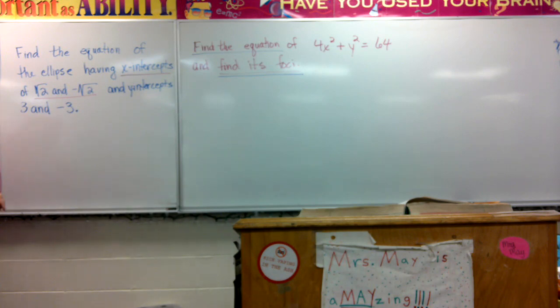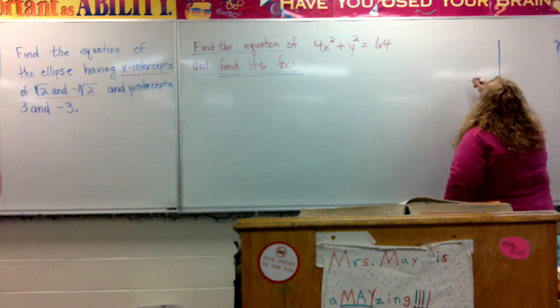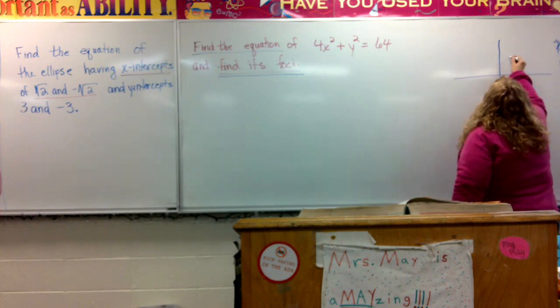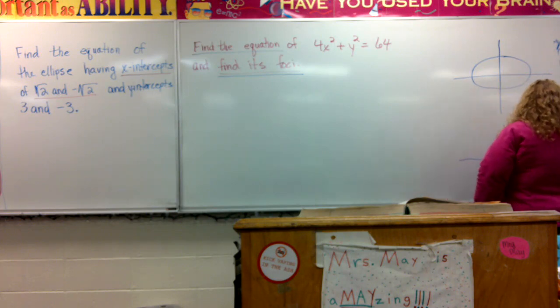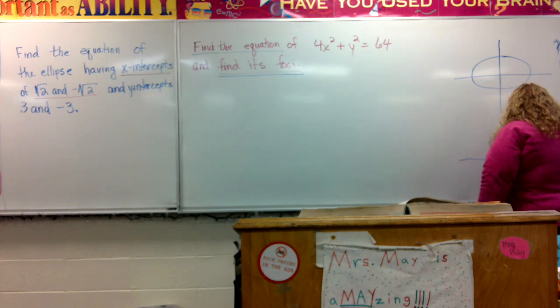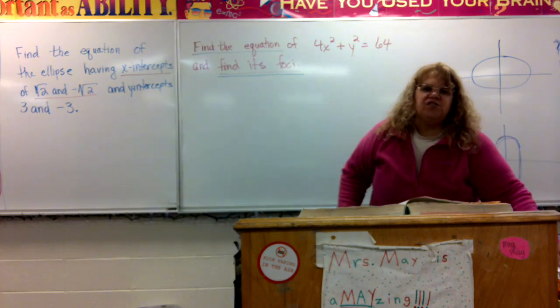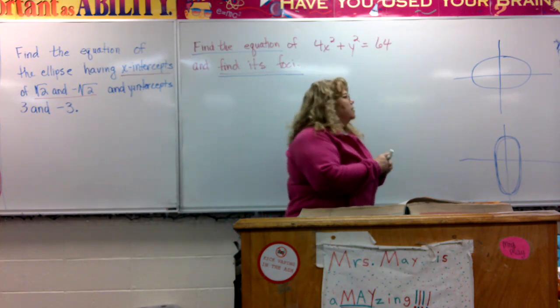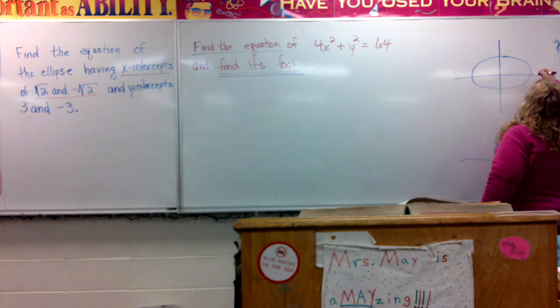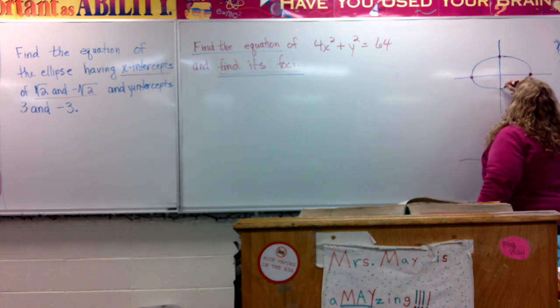Now, those a and b, here's where they come from. Do you notice over there in purple it says A is always bigger? What the A and the B represent are the x-intercepts and the y-intercepts.